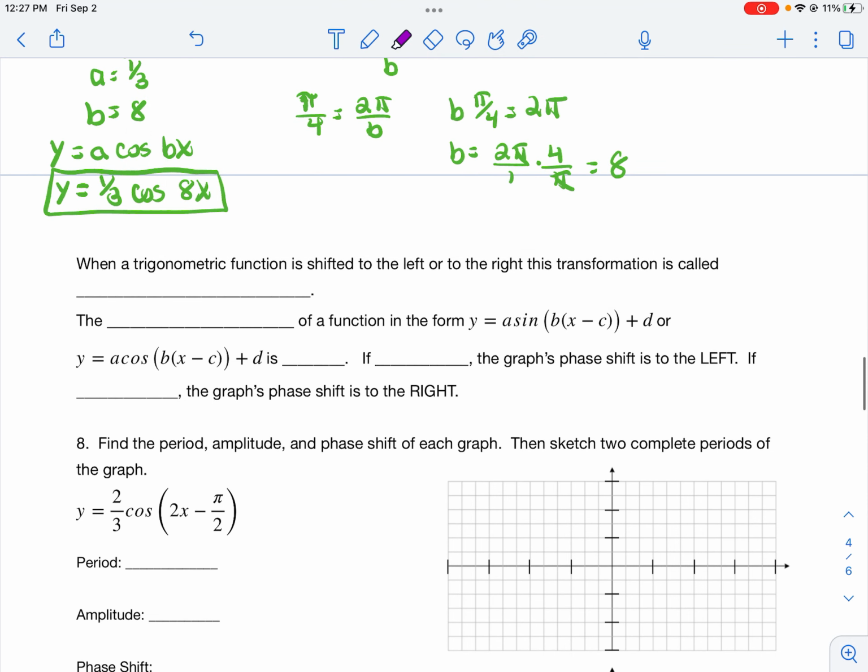Okay, when a trigonometric function is shifted to the left or to the right, it has a special name. This is called the phase shift.